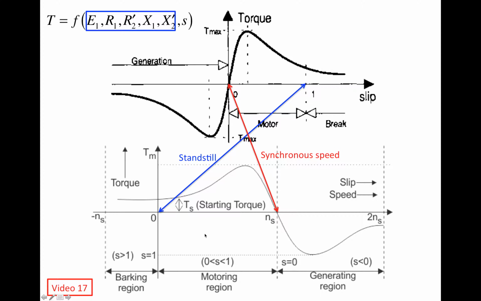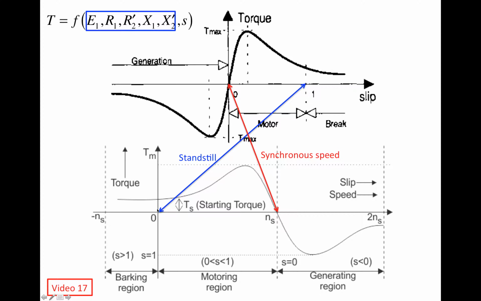So as the rotor speed increases from 0, the speed difference between the rotating magnetic field and the rotating rotor decreases, which means the slip also decreases. As you go this way, the rotor speed increases, but the slip decreases.